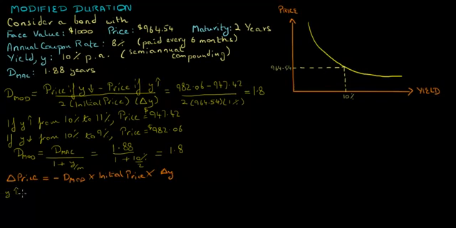So when yield goes up from 10% to 11%, the change in bond price as estimated by modified duration equals negative of modified duration, which is 1.8, times the initial price of the bond, which is $964.54, times the change in yield of 1%.